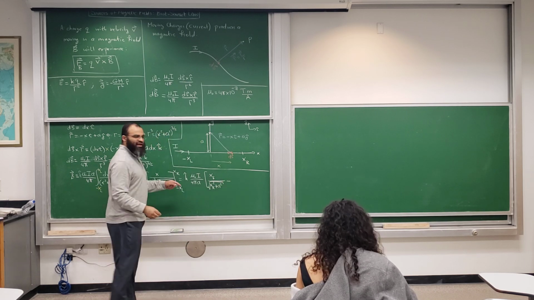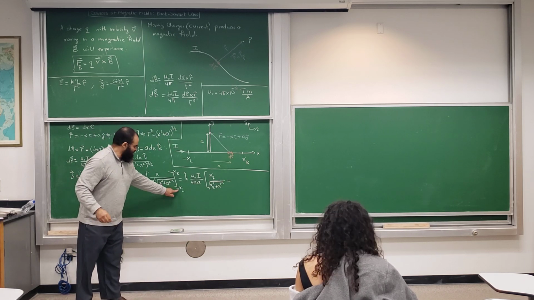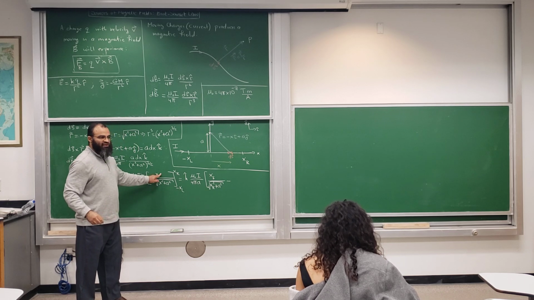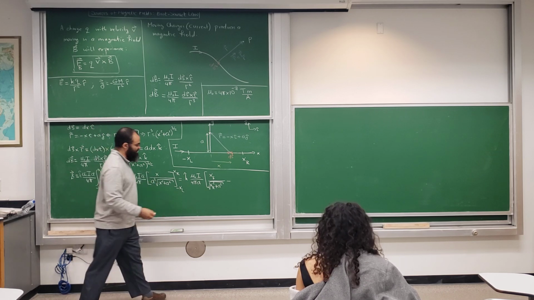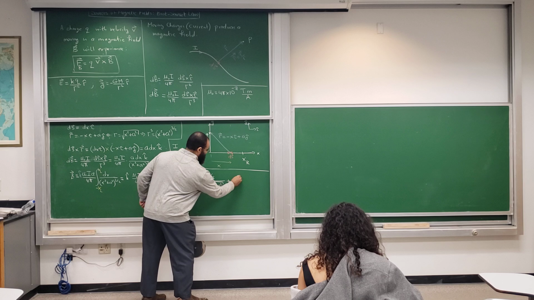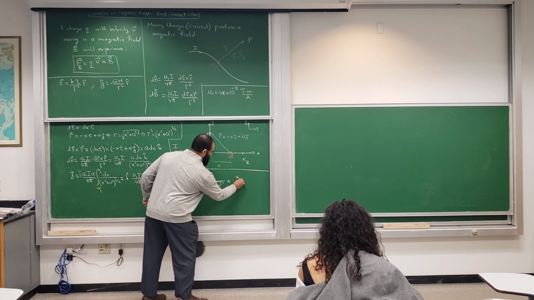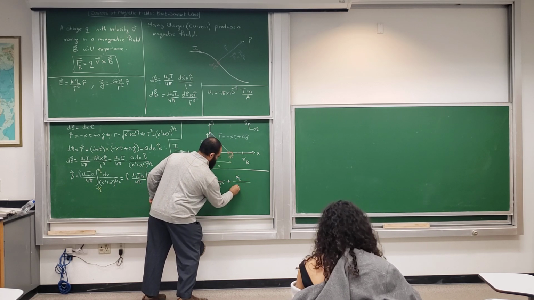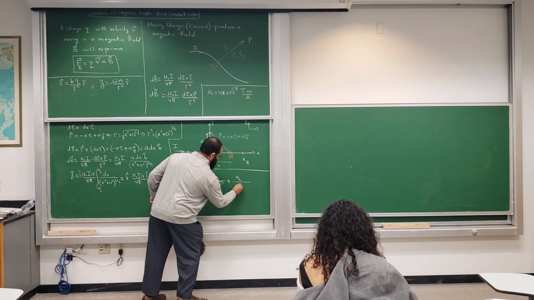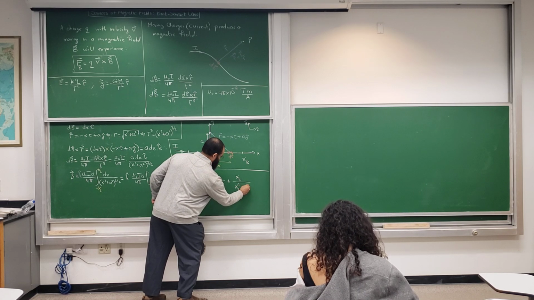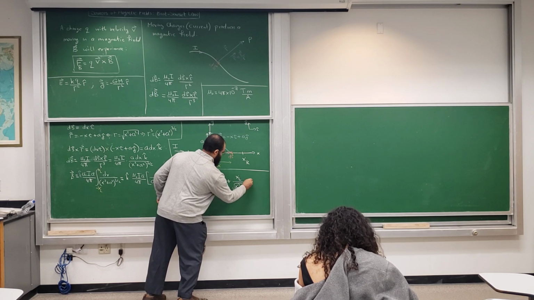And technically you'll have minus, but then xl will have a minus sign when you place it on top. Minus minus becomes a plus. So that's why it turns to a plus: xl over root of xl squared plus a squared.